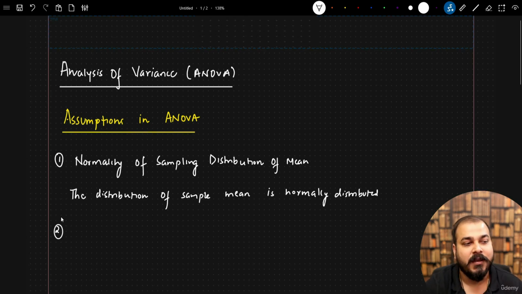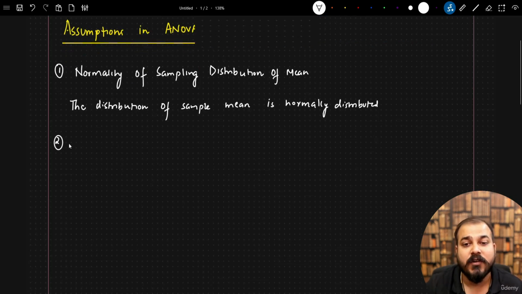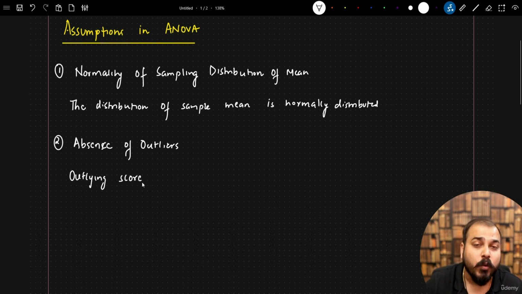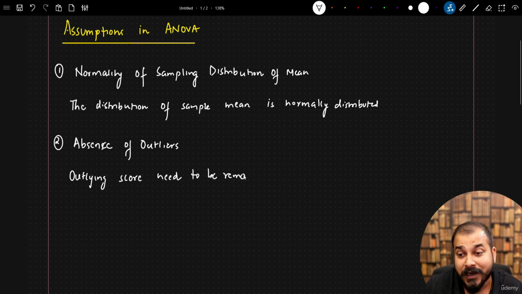Coming to the second point. Now, absence of outliers. This is also a super important topic, right? Absence of outliers. Now, even though you have outliers in a data set, the outlying scores need to be removed from the data set.